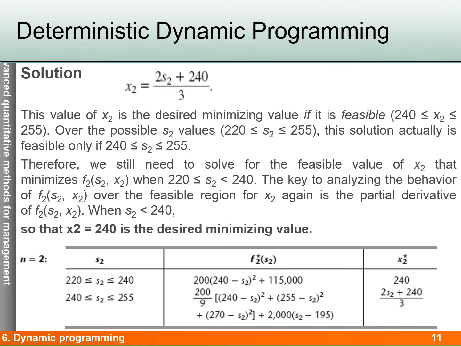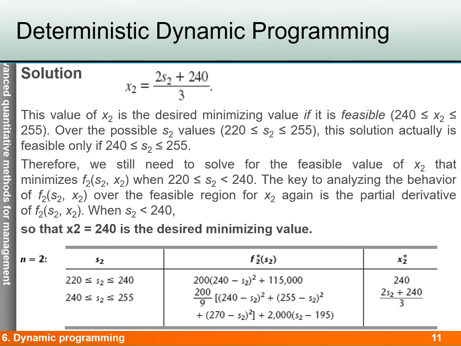It means that for the interval between 220 and 240, I have one amount, and for 240 to 255, there is another amount, which we'll see in our table.